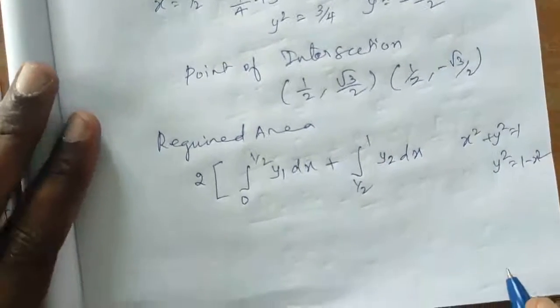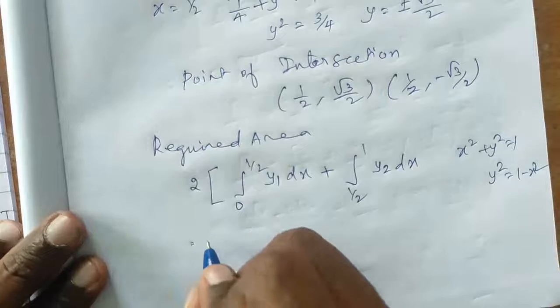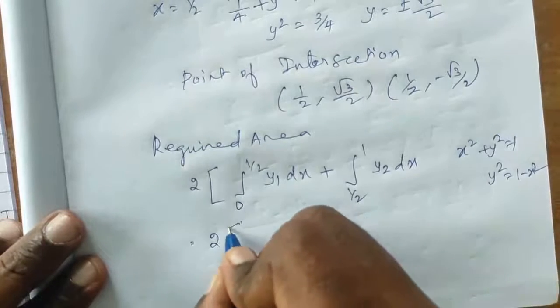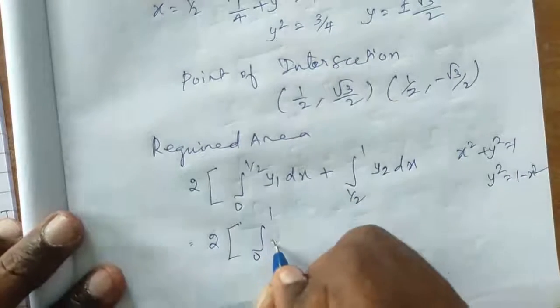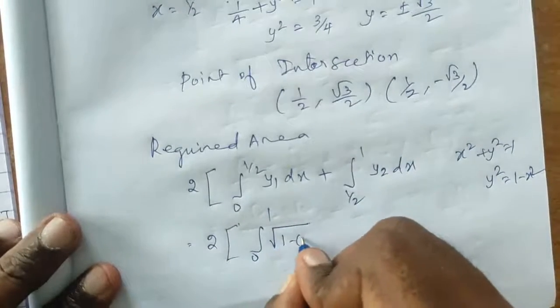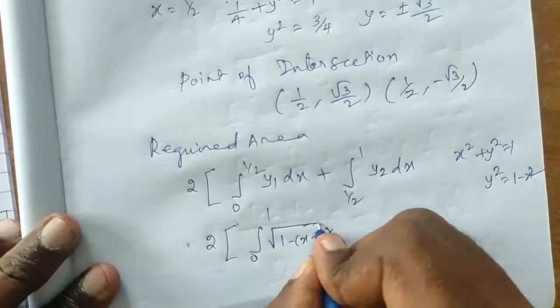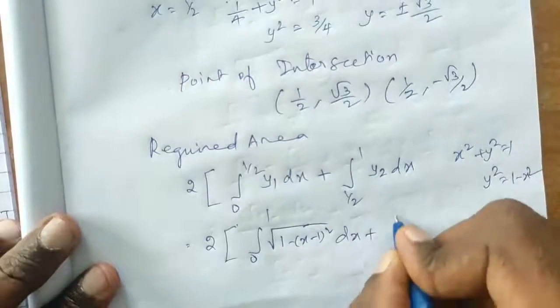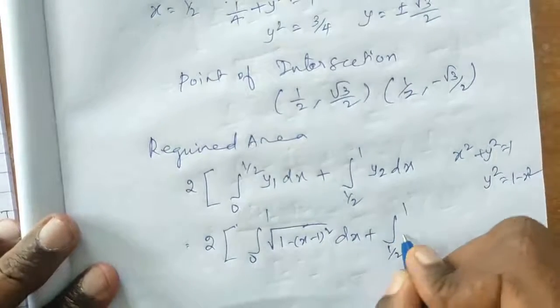So now we can write here 2 into integration 0 to 1 by 2, substituting instead of y1, root of 1 minus (x minus 1) whole square dx, plus integration 1 by 2 to 1 root of 1 minus x square dx.